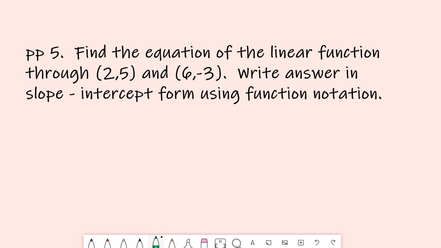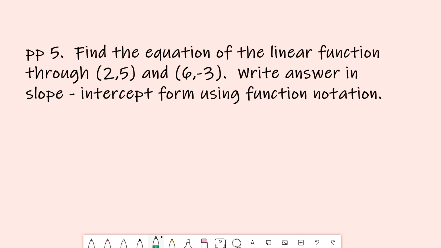All right, here it is. Practice problem 5. Find the equation of the linear function through those 2 points, 2, 5, and 6, -3. Write your answer in slope-intercept form using function notation.